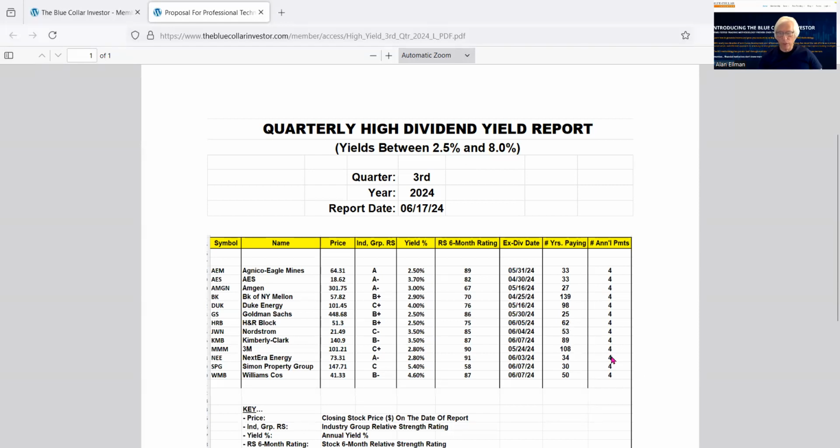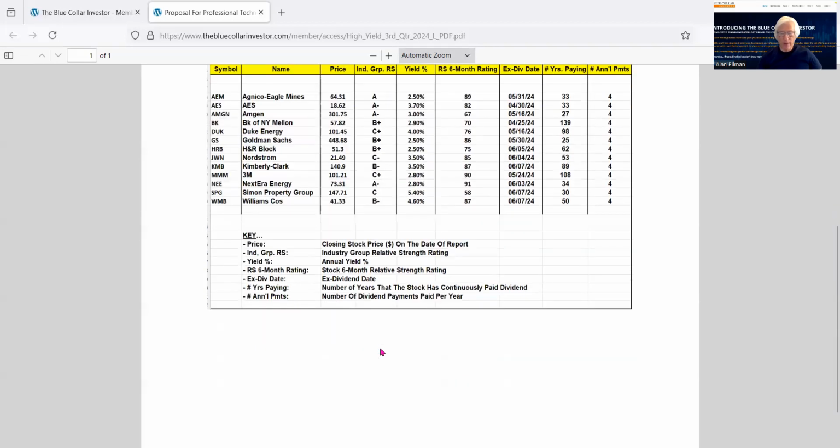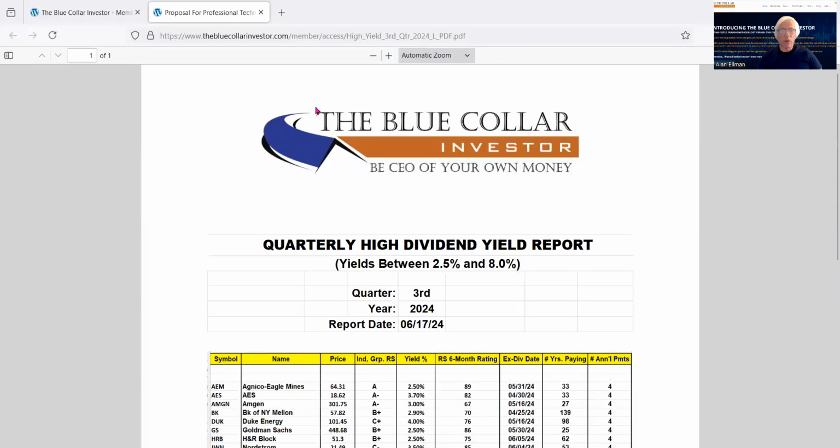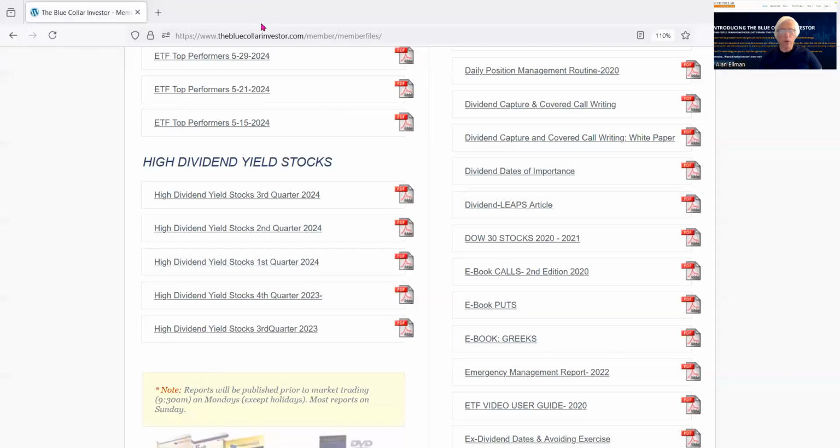Most of them give quarterly dividends, but some give monthly dividends, some give biannual dividends. And so you have that information here. And that is our high dividend yield report, which comes out quarterly. So you have 2 weekly reports, the stock and the ETF, and you have the quarterly high dividend yield.